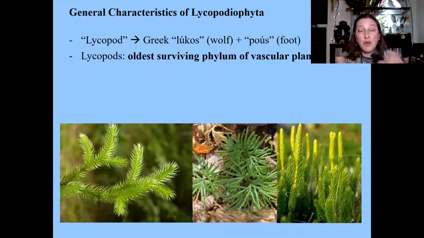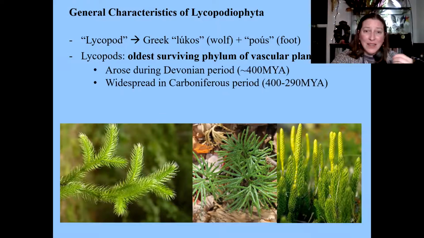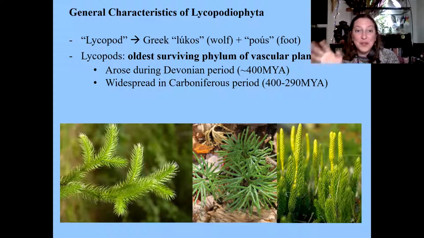Lycopods would have been around at that same time, around 400 million years ago, and they're still here, which makes them the oldest surviving phylum of vascular plants on Earth, to our knowledge. They arose about 400 million years ago and were very widespread in the Carboniferous period, which we'll talk about a bit more at the end of this class.